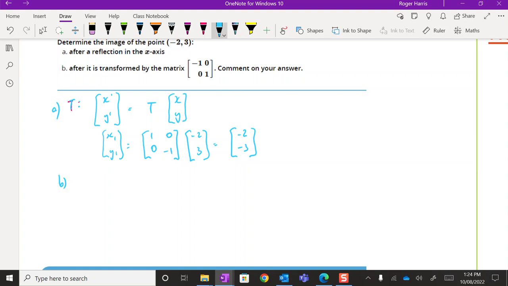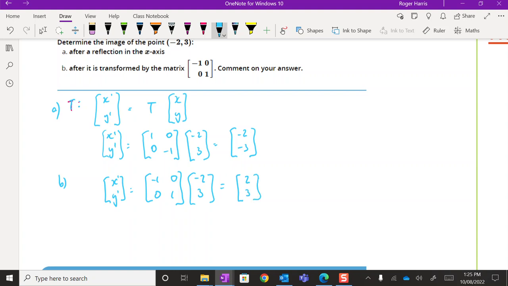So we've now got still that original point, and we've got a new matrix. So again, we're going to go x1, y1, x dash, y dash. So x dash, y dash is equal to the given transformation matrix multiplied by the point that is being transformed, and we get negative, negative, positive, and positive.